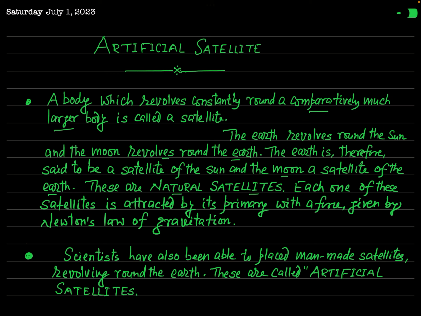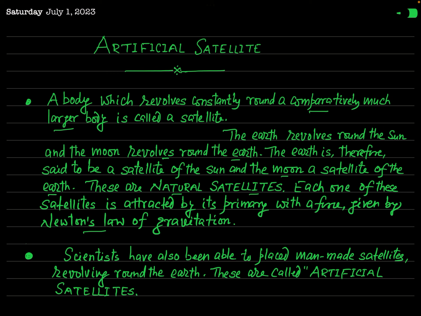Now, whenever a satellite revolves around a massive body, what is the reason behind the revolution? The satellite experiences gravitational force due to the massive body, and that force provides the necessary centripetal force for its revolution. That gravitational force is found by using Newton's law of gravitation.